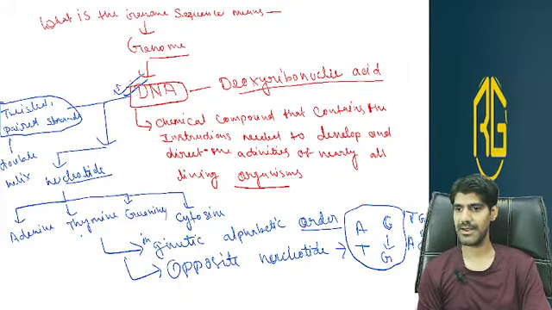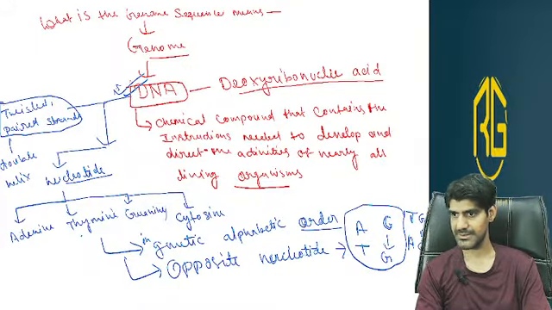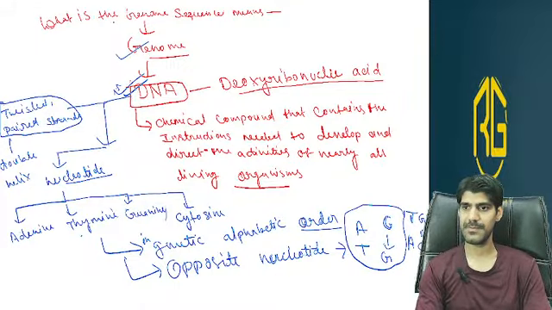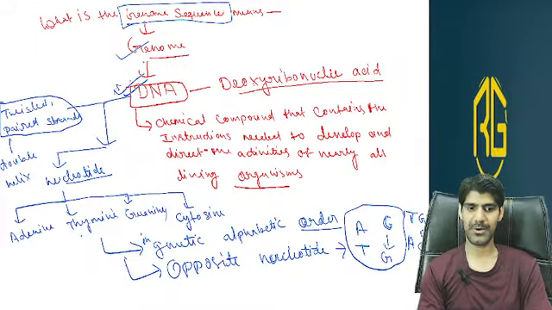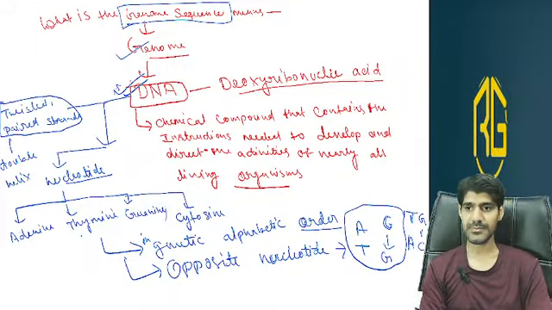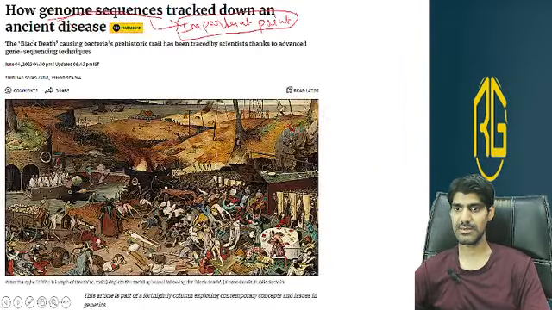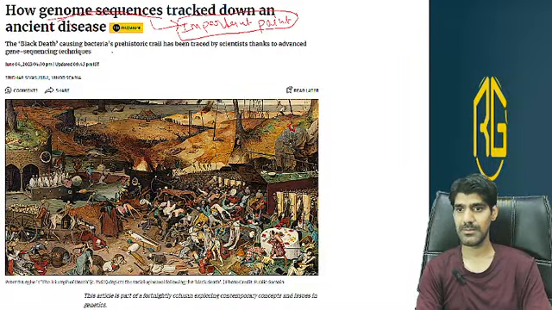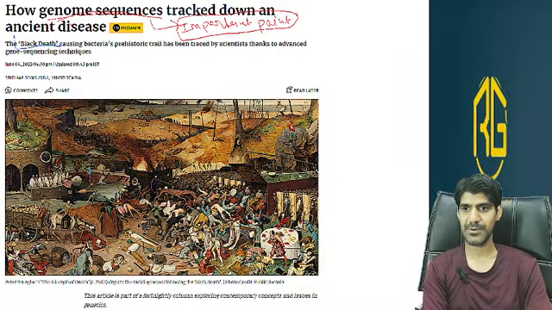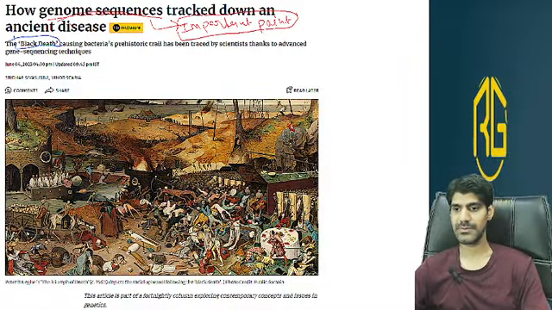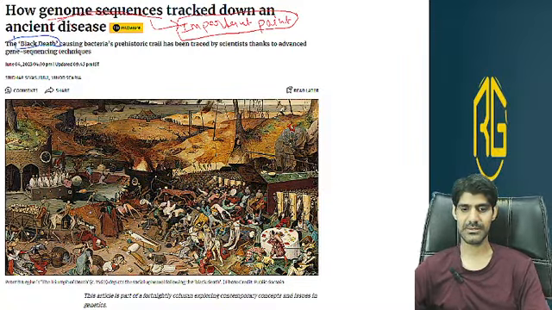The second point that we have defined is the genome, and the last one is genome sequencing. Now the point that has been discussed in the news is the Black Death. Second point is the Black Death. So let's discuss what this is.